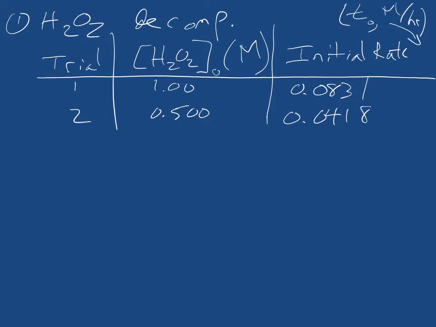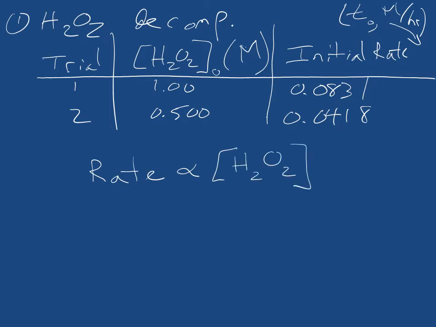So what we're trying to do is come up with a differential rate law. And in this case, the generic form is that rate is somehow proportional to, well, what's the reactant here? Not just some generic A. Well, the rate is proportional to H2O2.